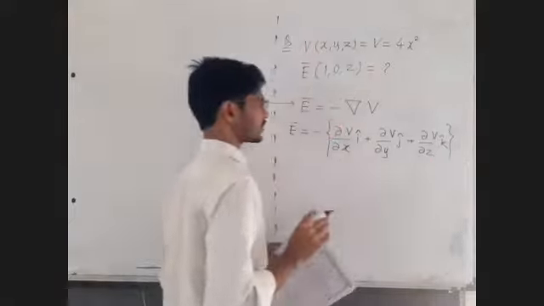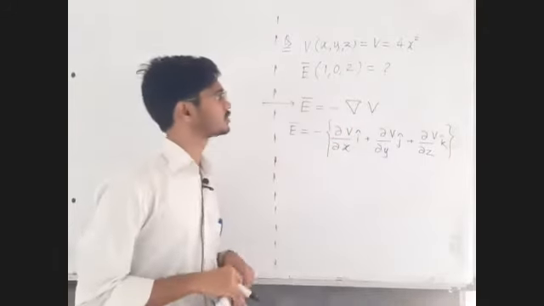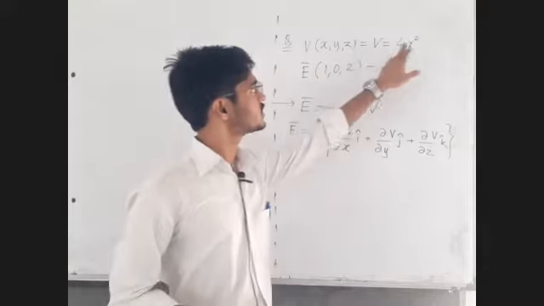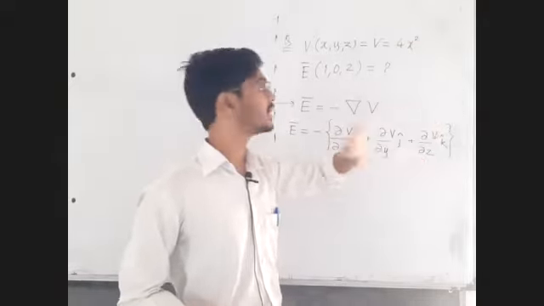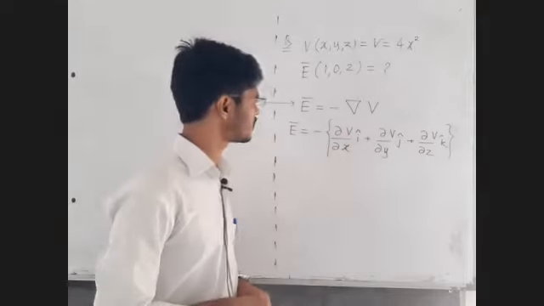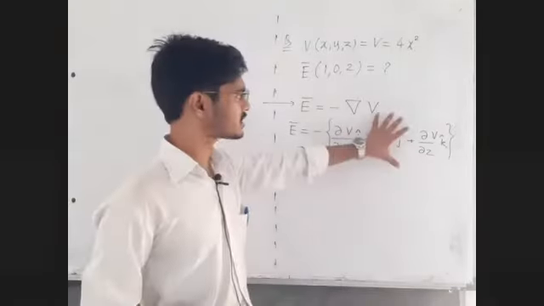Now here you can observe that the potential is actually only a function of x. It means it is not changing with y, it is not changing with z. So actually these terms do not matter.